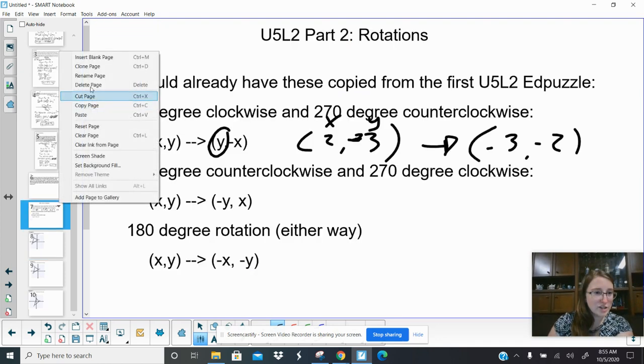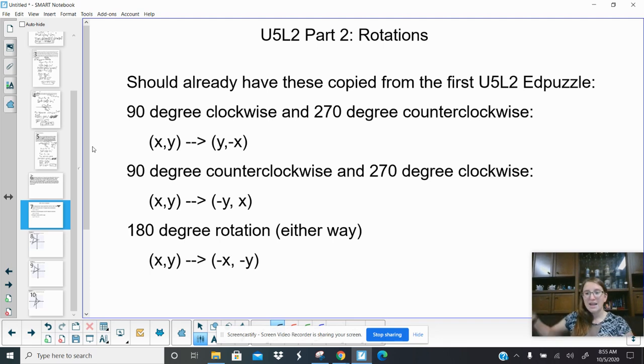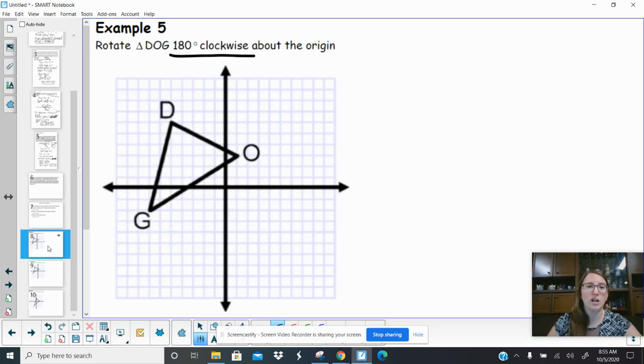If we have a 180-degree rotation, now with 180 degrees, it doesn't matter which way you rotate it because it will end up in the same spot, right? 180 degrees is half a turn. There's 180 degrees. If I go the other way, hey, look, it still ends up upside down. So it doesn't matter if it's clockwise or counterclockwise.